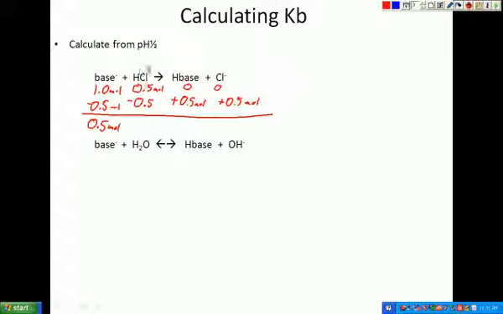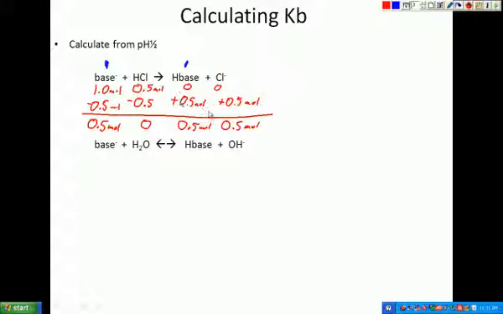Now this one, as usual, HCl is strong, so 100% of it ionizes, so we don't have any HCl left. And the amount of H base that we made is 0.5. And we also have 0.5 moles of this. Now we're only really interested in this one right here and this one right here.